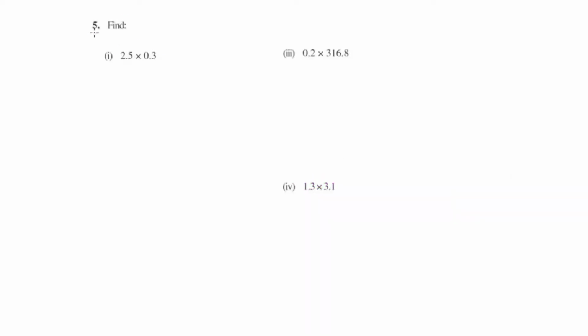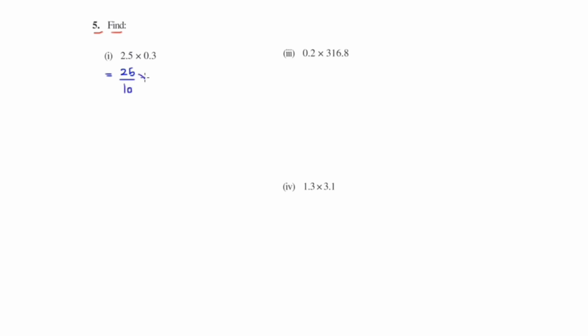Now let's see how to do question number 5. In question number 5, we have to find the product of the two given numbers in each part. If you see the first part, 2.5 can be written as 25 over 10.